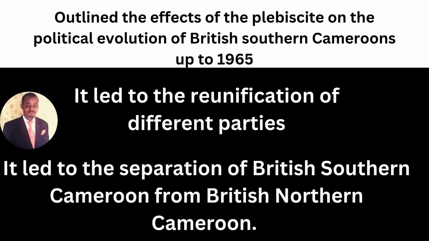It also led to the reunification of different parties, I mean parties that were divided through political opinions were able to unite under one umbrella. This also led to the separation of British Southern Cameroon from British Northern Cameroon. So these are some of the effects of the plebiscite.